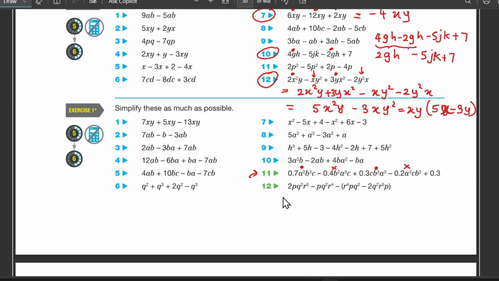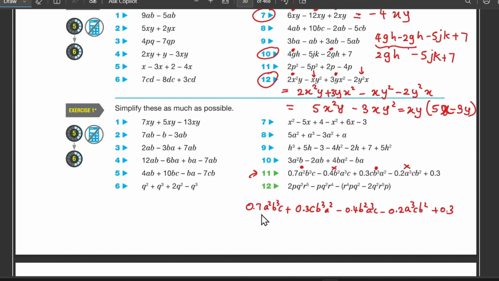Okay, so then we can write 0.7 a squared b cube c minus 0.2, no sorry, this one and this one, 0.3 plus 0.3 c b cube a squared minus 0.4 b squared a cube c minus 0.2 a cube c b squared plus 0.3.